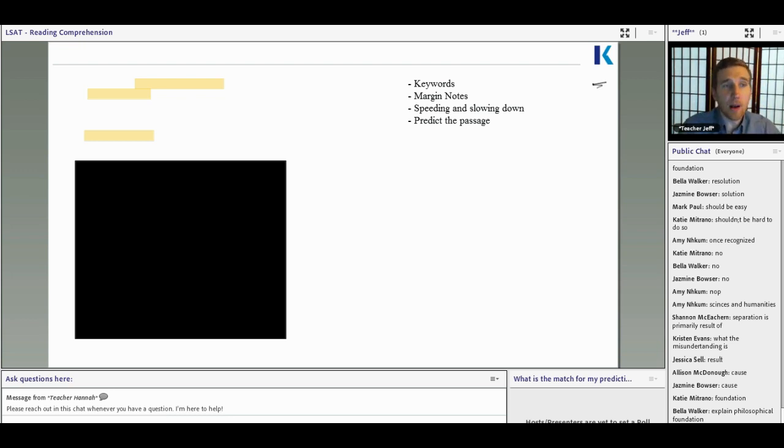So we have the problem that the author wants to get rid of. Now, again, if you wanted to mark author, you could, but notice we've got this word should, and we talked before about your highlighting or circling or underlining working in tandem with your note-taking. So if you say, oh, this is what the author wants, this is a problem the author wants to get rid of. Not saying you had the right problem, but you could. And this is also the cause of the problem. We're learning how this problem came into being.